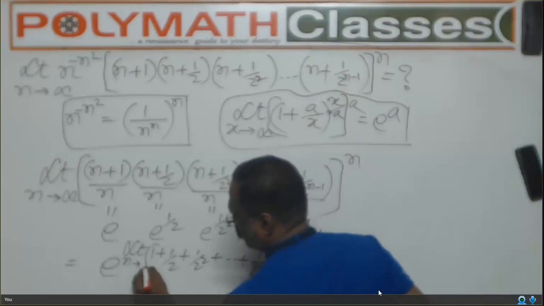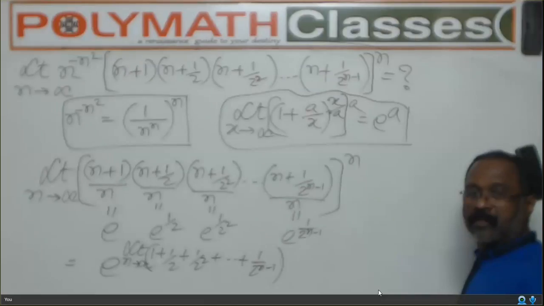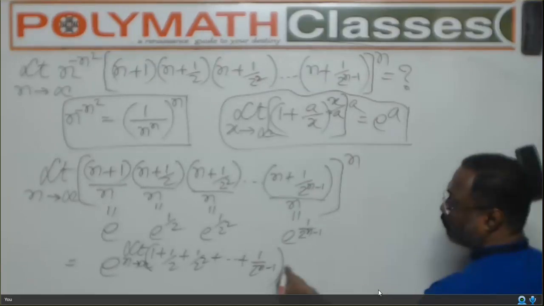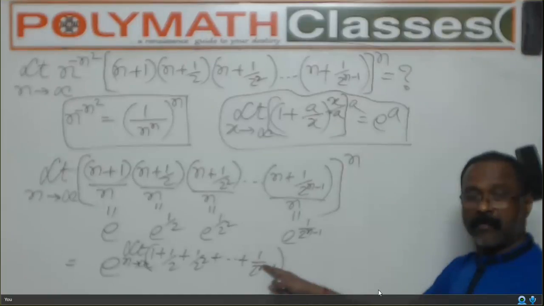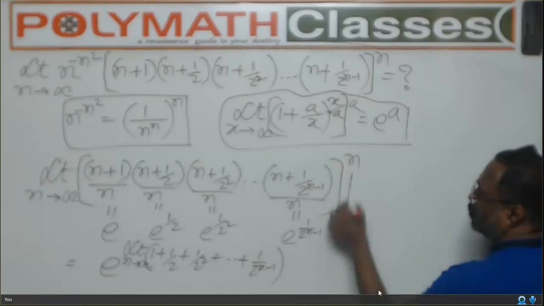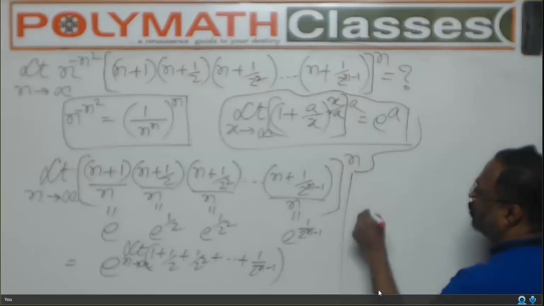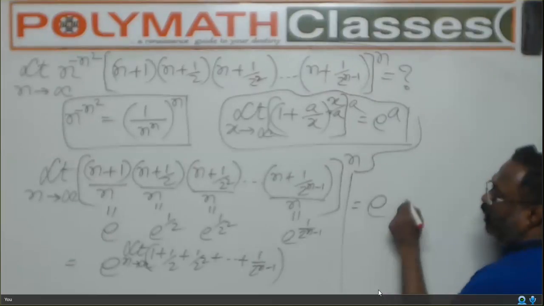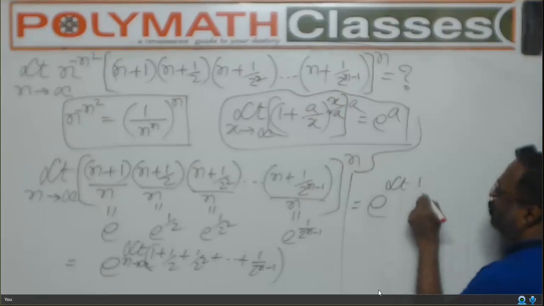This is to be understood as the sum of GP here. So geometric progression, if you apply the formula, it is e power a into r power n. R is 1 by 2 here.